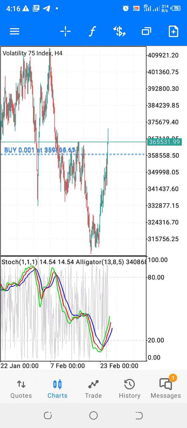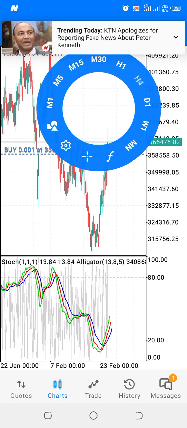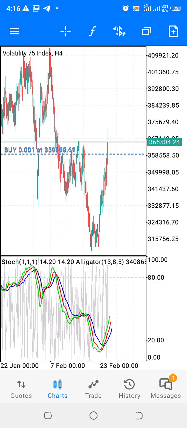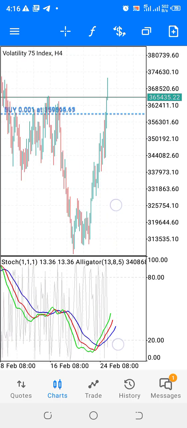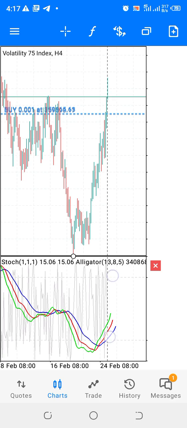When you come to this page, you just make a few settings. We have a setting called stochastic, and we are also going to use a strategy called alligator. So we start with the first setting. Down here where we have the indicator window, you can see the lines.